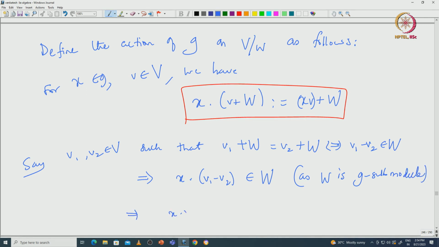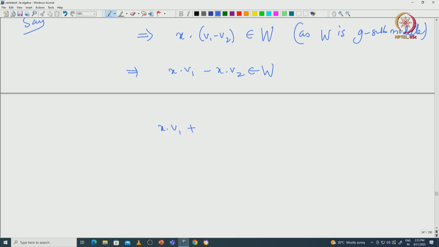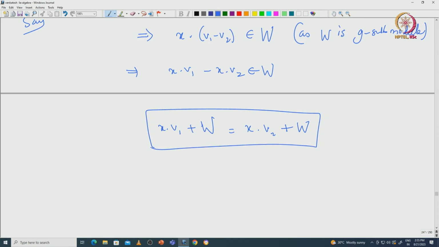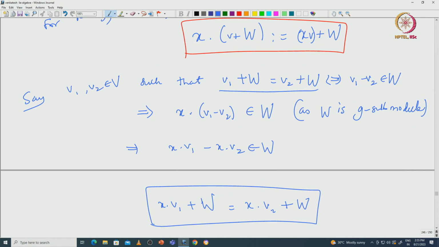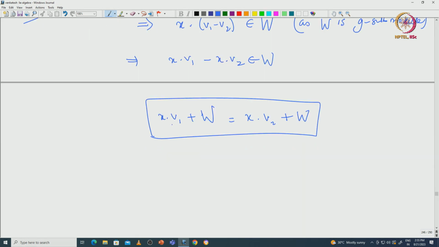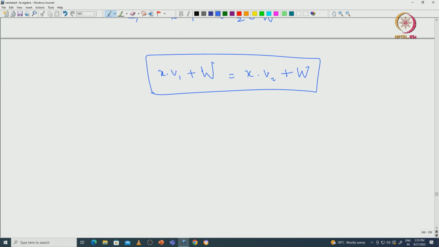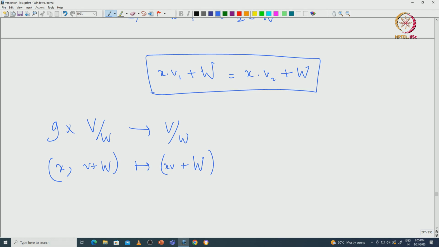So, this implies x dot v1 minus x dot v2 is in W. Then it is easy to see that x dot v1 plus W is equal to x dot v2 plus W. So, this proves whenever you have two cosets v1 plus W equal to v2 plus W, then the corresponding images x dot v1 and x dot v2 are the same, the difference is in W. So, this actually defines a well defined action on V mod W, where you take x comma v plus W, then you send it to xv plus W. This is the phi bar which is defined using the phi.